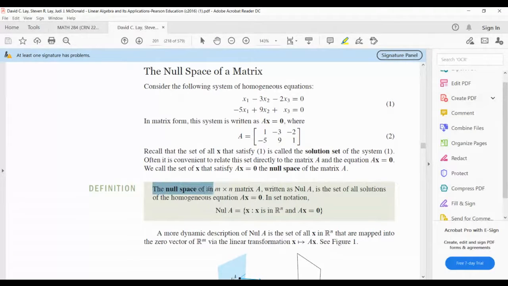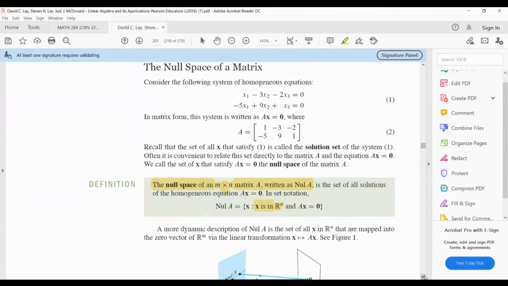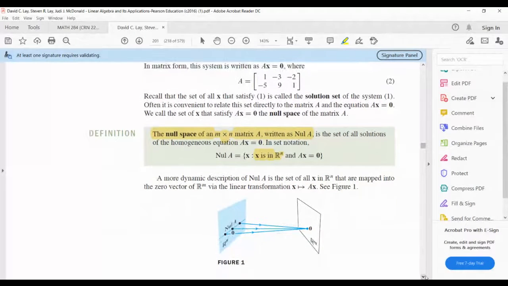Okay, so the null space of an m by n matrix A is written as Nul A, and it's the set of all solutions to the homogeneous equation AX equals 0. If you have an m by n matrix A, the null space of A would be the set of all vectors in Rn such that A times X equals 0. They have a little picture of the vectors in Rn space.